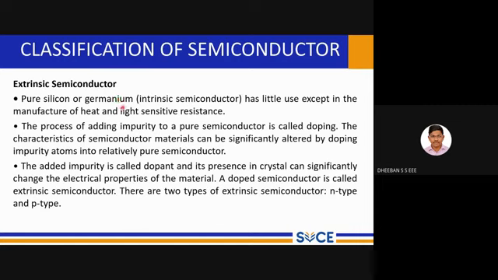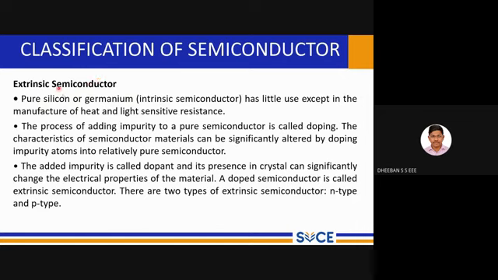The thing is that silicon and germanium are the elements more suitable to form covalent bonds. I hope you might have studied covalent bonds and ionic bonds. Silicon or germanium form covalent bonds more easily with the semiconducting material.